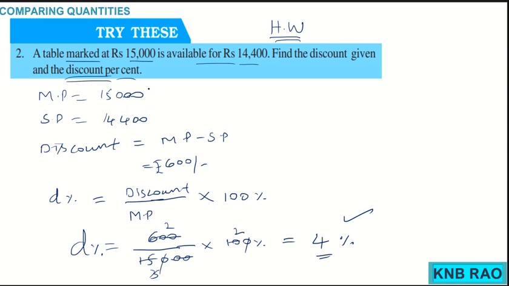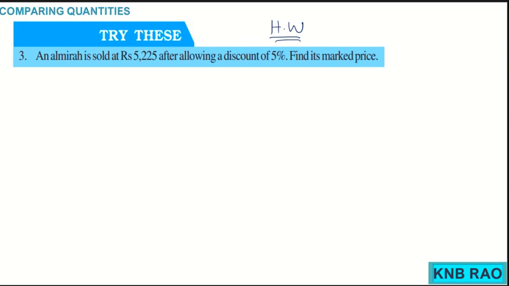Now coming to question number 3, an almirah is sold at rupees 5,225. That means we know the sale price of the almirah, which is rupees 5,225, and you know the discount percentage also. The discount percentage is 5%, but you don't know the market price.